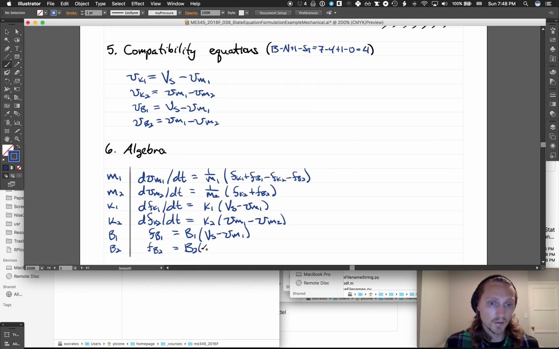So vb2 is equal to vm1 minus vm2. Okay, so at this point, we have eliminated all of the secondary variables.